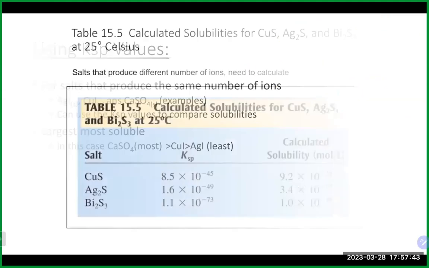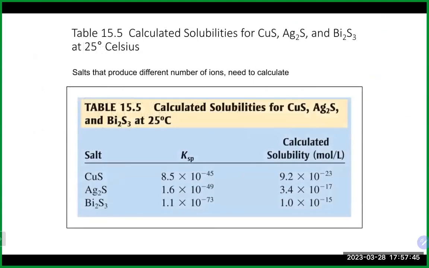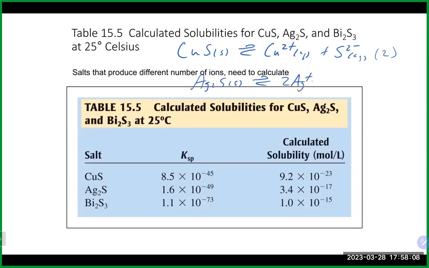To illustrate that, if we look at a few different salts here and we look at the Ksp values, we have copper 2 sulfide, which breaks apart into a copper 2 and a sulfide. So that is 2 ions. We have silver sulfide, which breaks apart into a couple of silvers and a sulfide ion. That would be 3 ions.